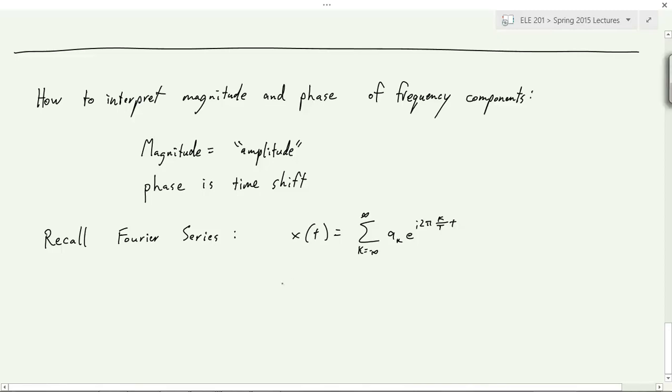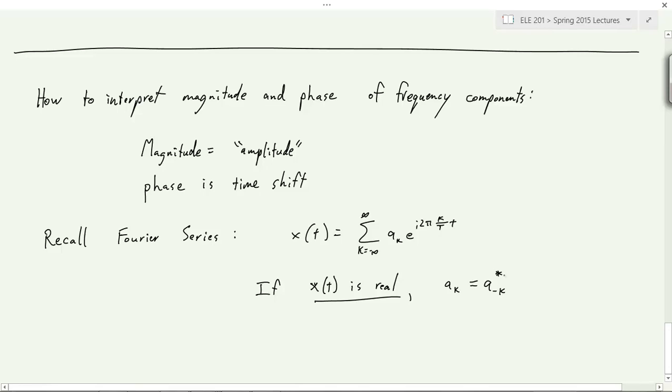But we also noticed, and we did mention this in one of the lectures and will visit again, if x is real, there's a nice pattern where your positive coefficients and your negative coefficients are just conjugates of each other. Okay, so if x is real, this is true.